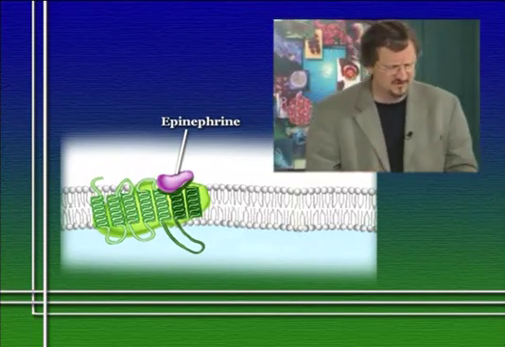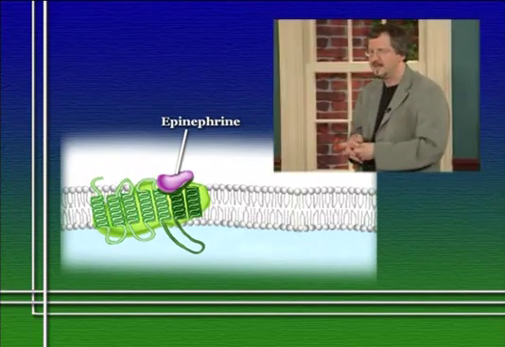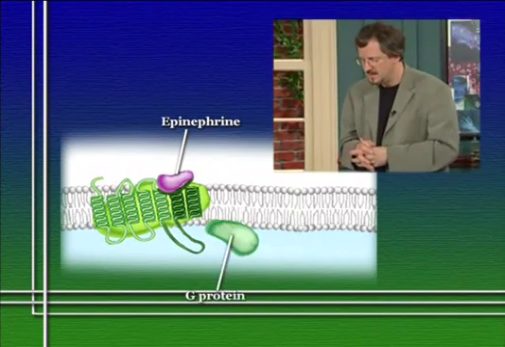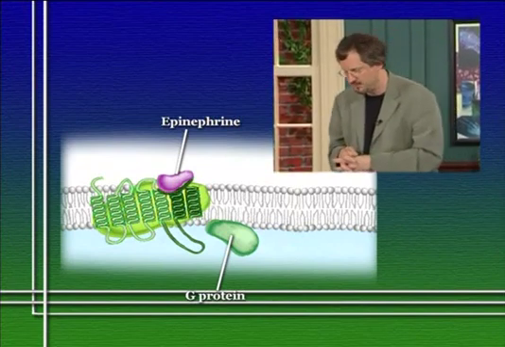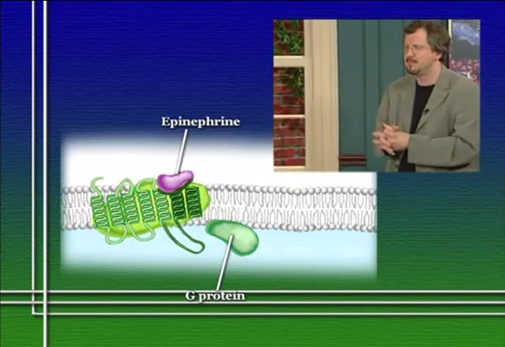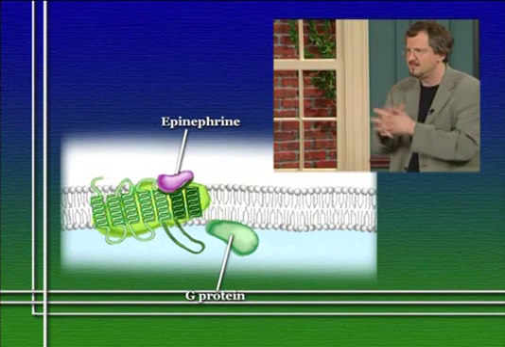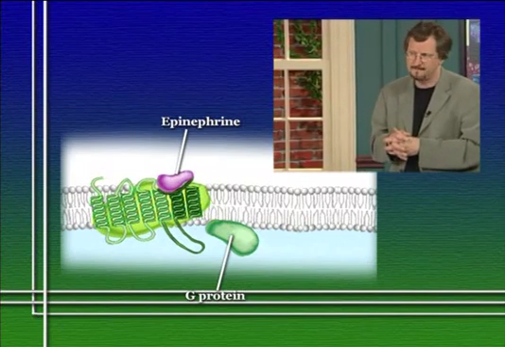Now, what does this do? Well, there's another protein involved here, and this is the G protein I mentioned a moment ago. The G protein is also a membrane-bound protein. It's physically attached to the membrane, but it doesn't span the whole membrane. It only sticks into the membrane on the inside with an exposed space on the inside.